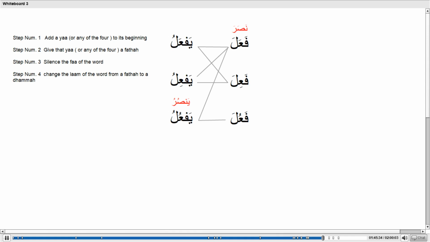When we tell you, for example, we will tell you in the future, every verb which has this quality goes to the first chapter. This is what we will explain, inshallah, later. Okay?